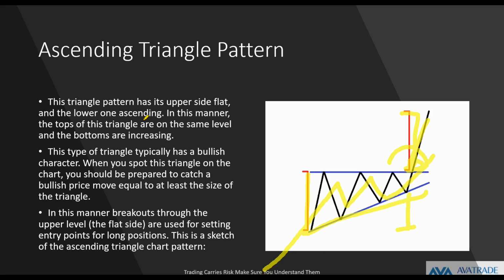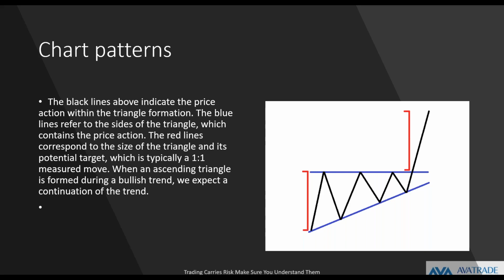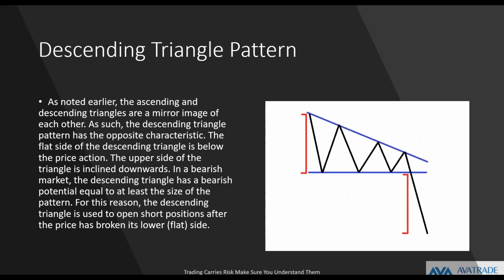It doesn't mean that it's going to definitely break out up. And when you get yourself wrapped up in this bullish or bearish character, you tend to let yourself get sucked into false breakouts. So a descending triangle is exactly the opposite.